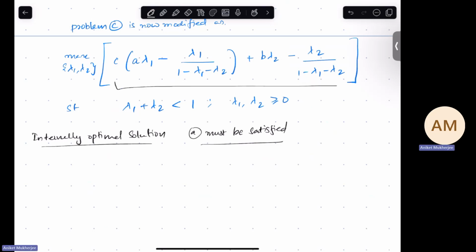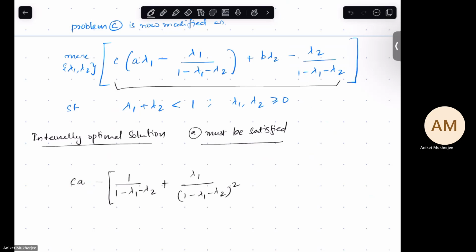we get C times A minus 1 by 1 minus lambda 1 minus lambda 2, plus lambda 1 by (1 minus lambda 1 minus lambda 2) whole square, and this is equal to 0.